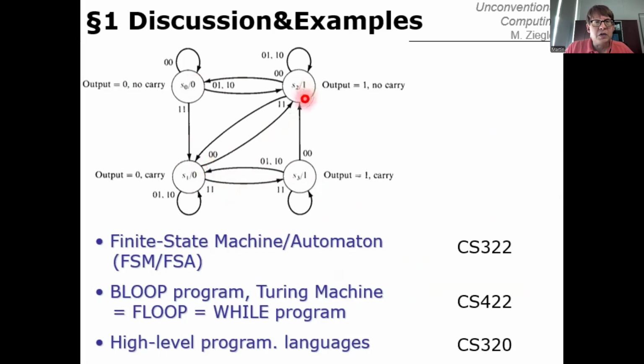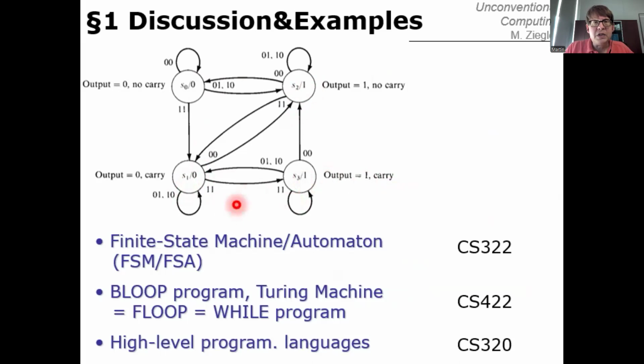So for example, if it has stored carry, but has not output a carry, and then it reads 0, 0, then it will output that carry and will have stored no carry. And if then it reads 1, 1, then it will output a carry and output 1 and store that it has stored a carry.